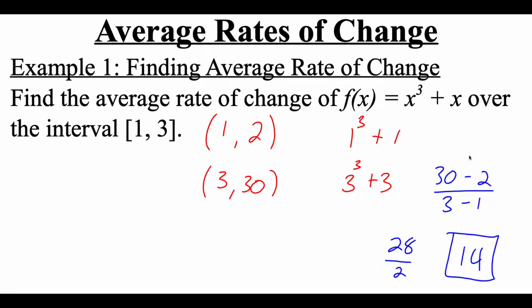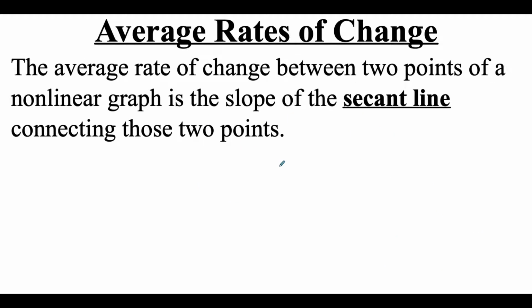And really, if you look at what we're doing, where we were subtracting those y values and then subtracting those x values, essentially what we did was find the slope between these 2 points. So the average rate of change between 2 points on a nonlinear graph is the slope of the secant line that connects those 2 points.